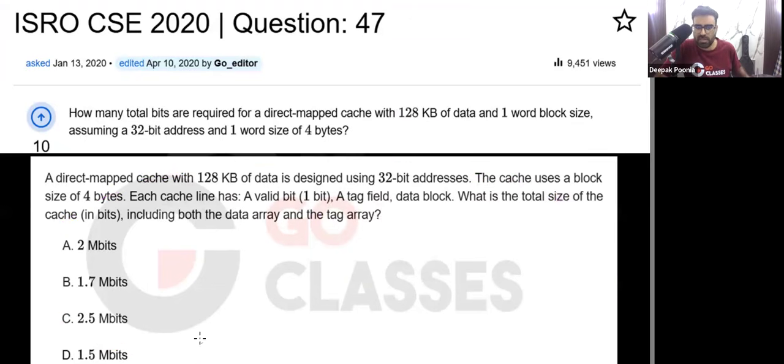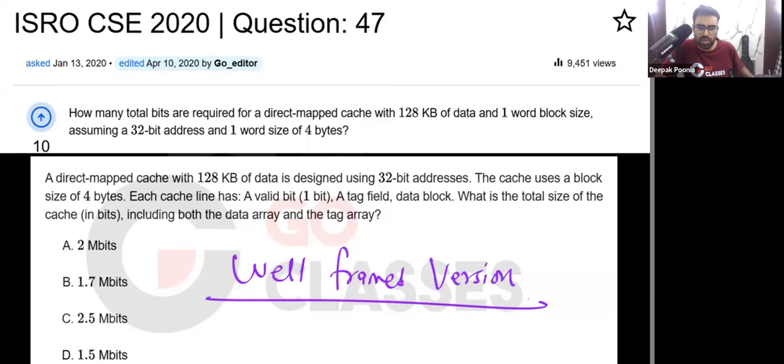So you can see this is the well framed version. Now what you need to do is solve this well framed version only. Okay, so let's solve it.